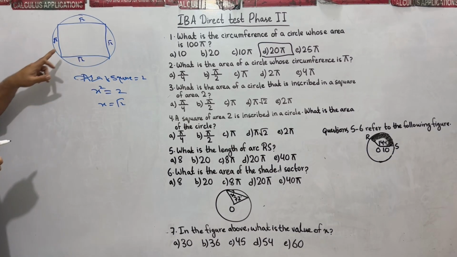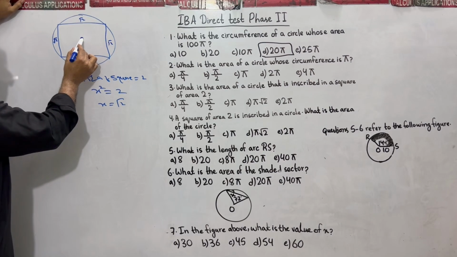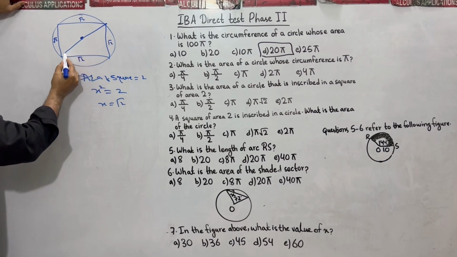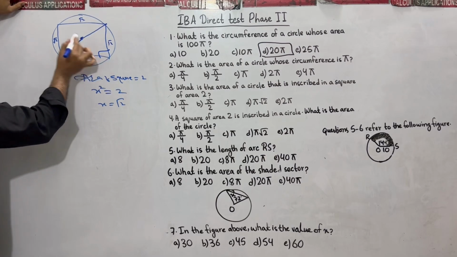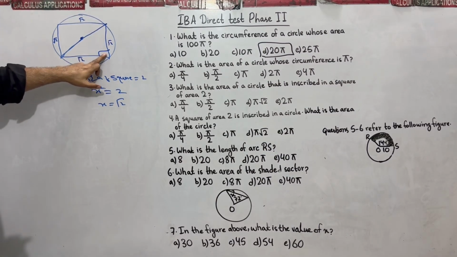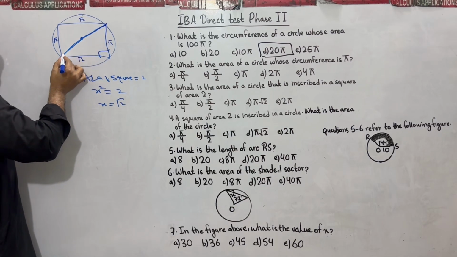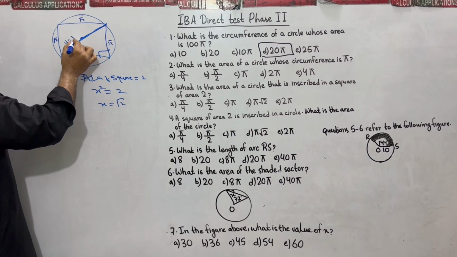Now we have to generate its relation to find the radius or diameter. Look at this. It is going to be the hypotenuse of this right triangle, and the diagonal of the square.